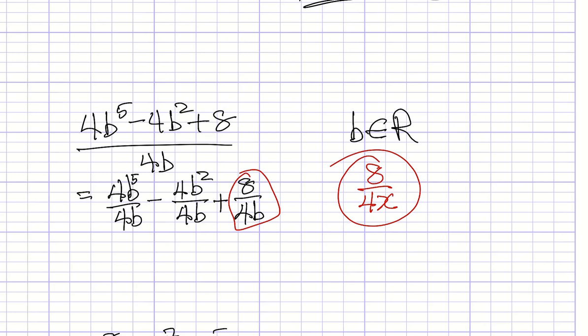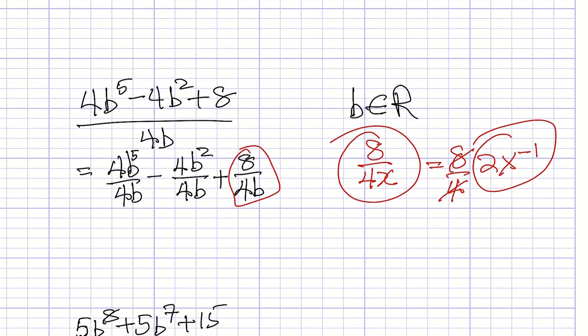Because this will be equal to 8, you divide by 4, you get 2, and then it will be equal to x with a negative exponent. In a polynomial, you can't have negative exponents. So that's why I know that b is not a variable. b is a constant. b could be 1, it could be 2, it could be 3, it could be 4.